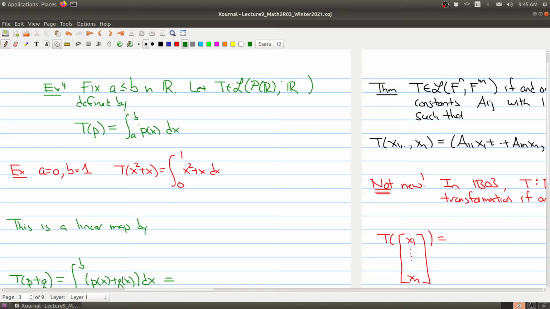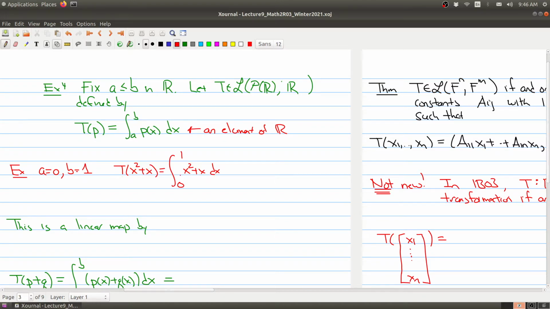And this element over here is just going to be a number at the end. So this is an element of R because I'm doing a definite integral from a to b. As a concrete example, suppose that I take a to be 0 and b to 1, and I'm looking at the polynomial x squared plus x, and I'm going to stick it into this function.